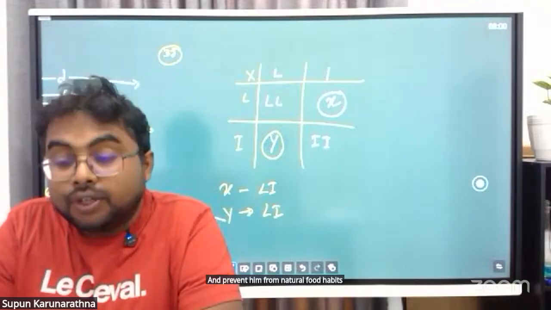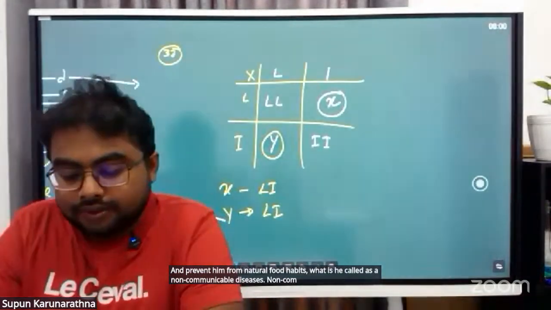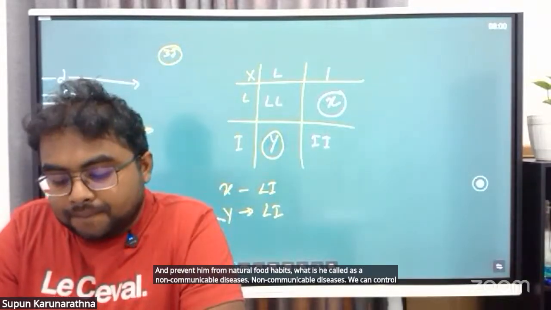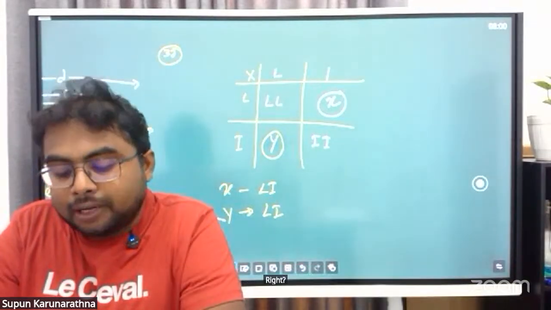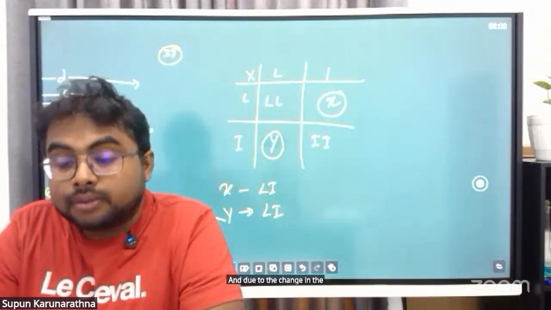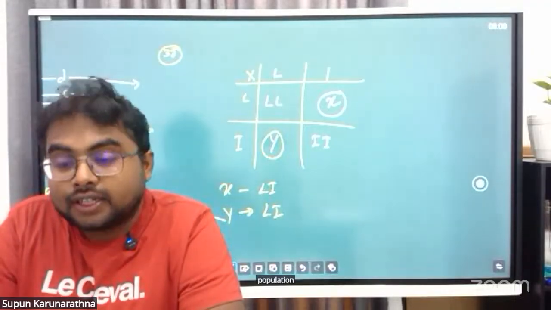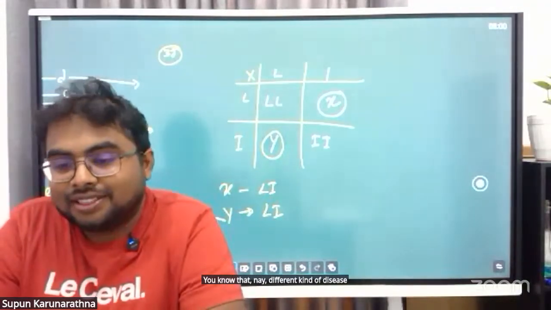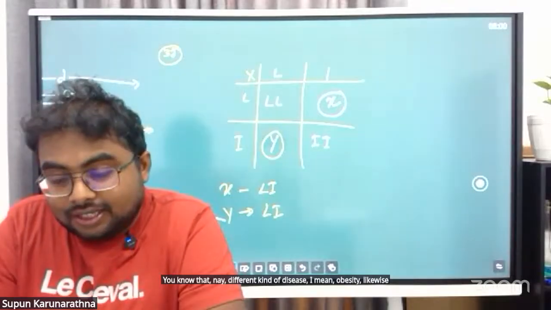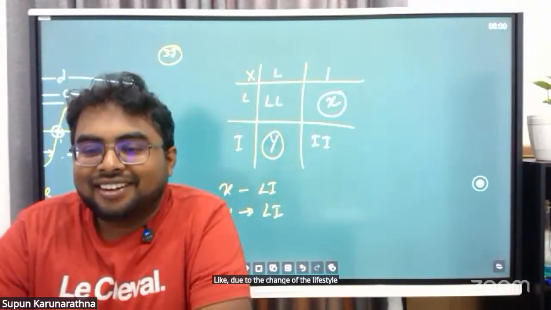For question 38, what should the disease be? We call it non-communicable diseases. Non-communicable diseases we can control by controlling food habits due to the change in the lifestyle of the population. You know there are different kinds of disease, like obesity, due to change of the lifestyle.